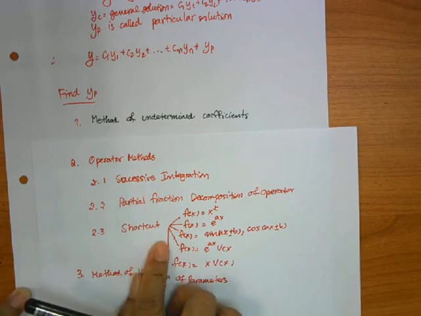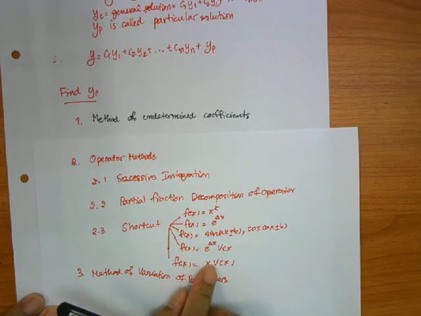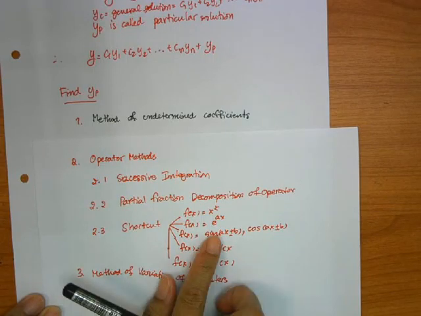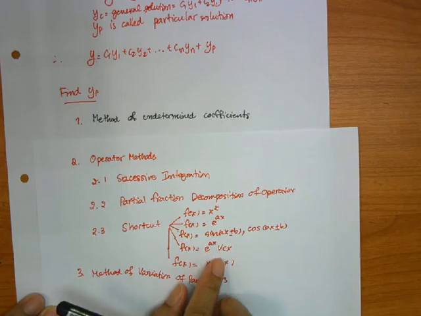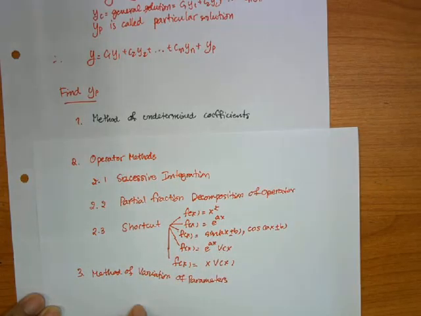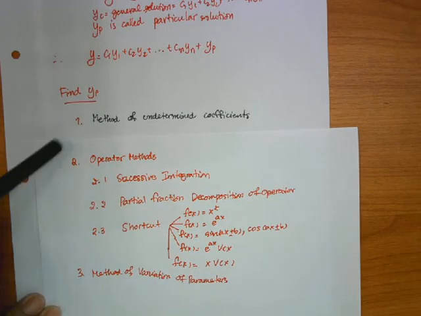Under the shortcut, we'll divide it into 5 cases, and you will learn for each case how to find yp. And the third method is the method of variation of parameters.